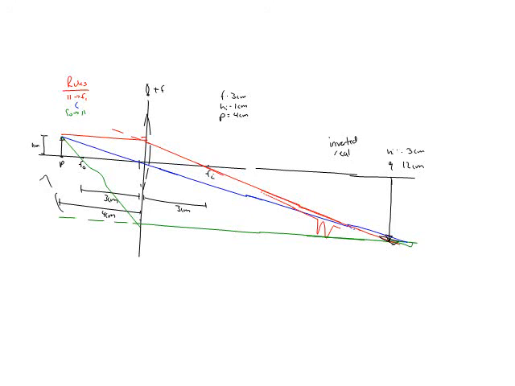All right, now let's do the math for this stuff. We've got 1 over f equals 1 over p plus 1 over q. It's a converging lens, so our f is positive. So 1 over 3 equals 1 over 4 plus 1 over q. So 1 over 3 minus 1 over 4 gives me 1 over q.